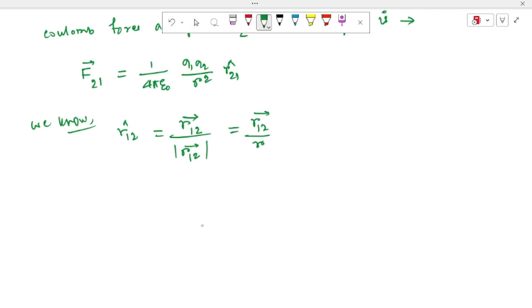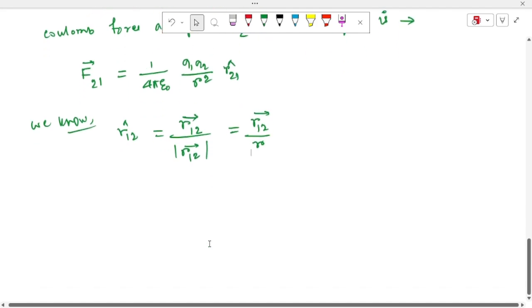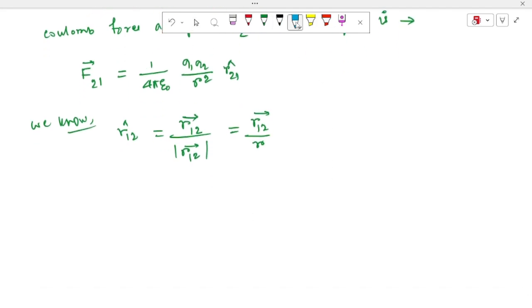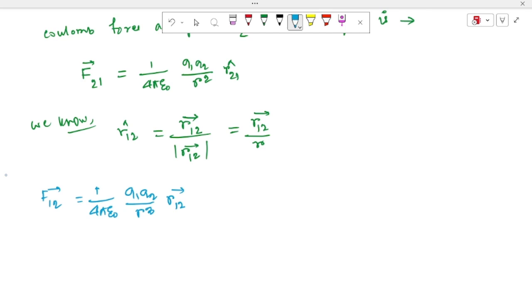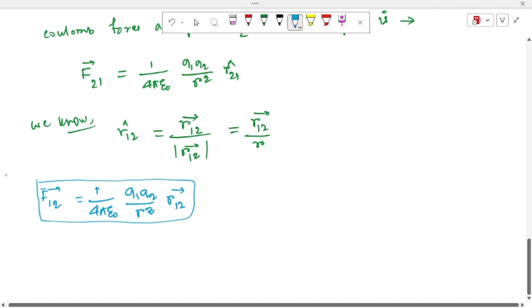So if we write in terms of vector form, F12 vector is equal to 1 by 4 pi epsilon naught Q1 Q2 by R cube R12 vector. So this is the expression of force when we write in terms of vector form.